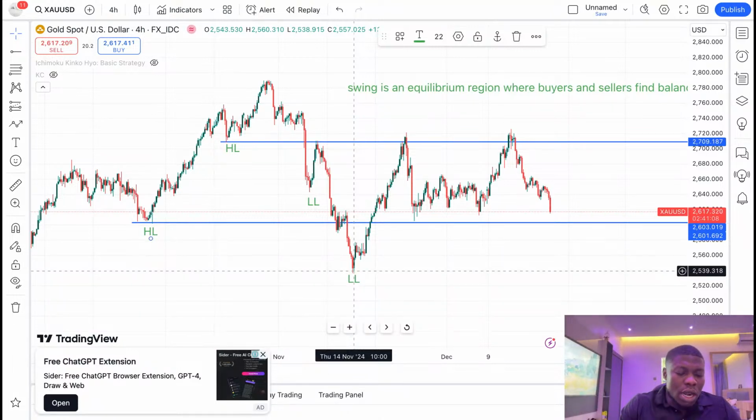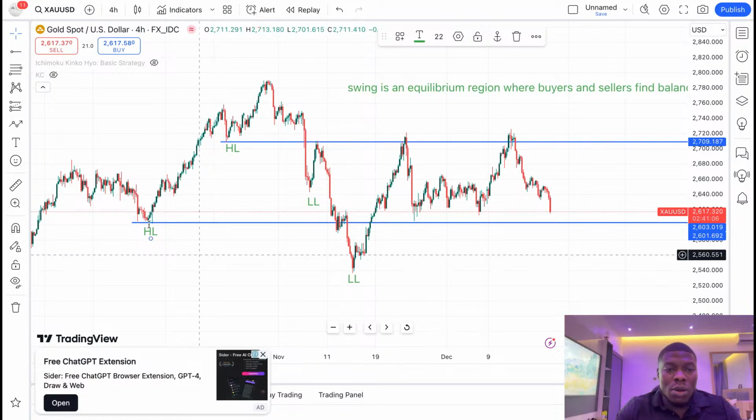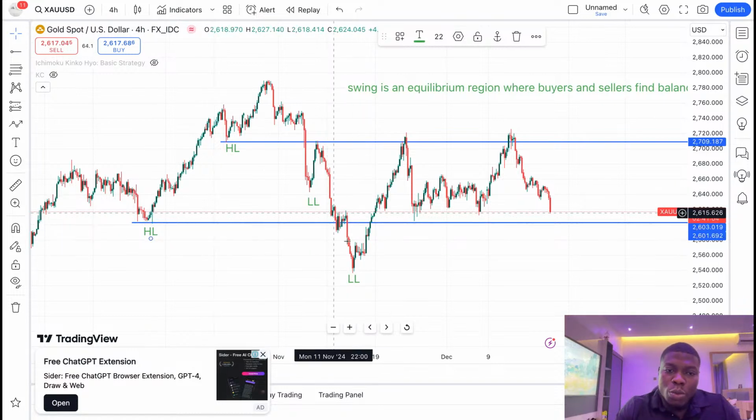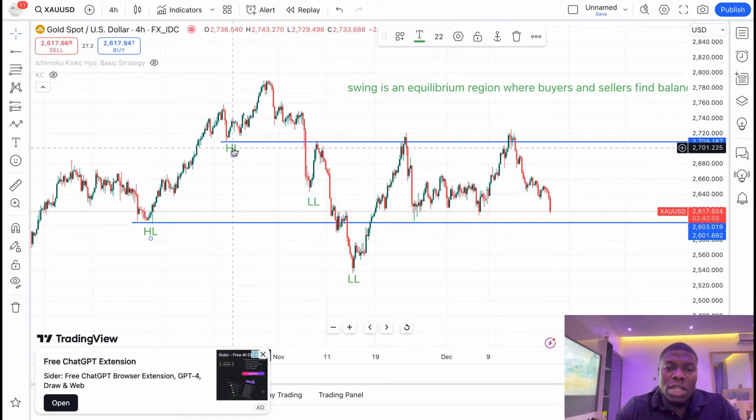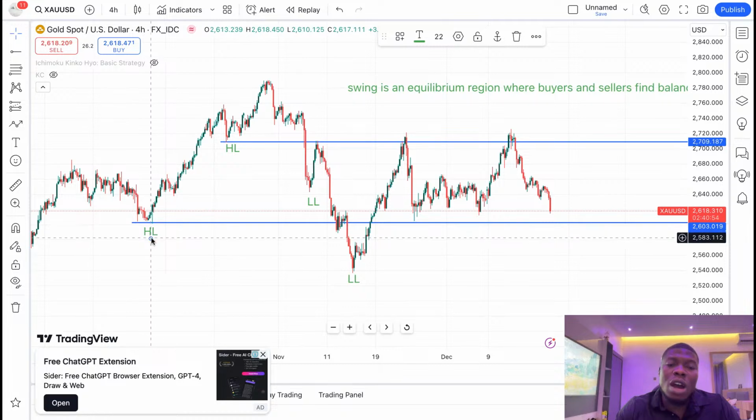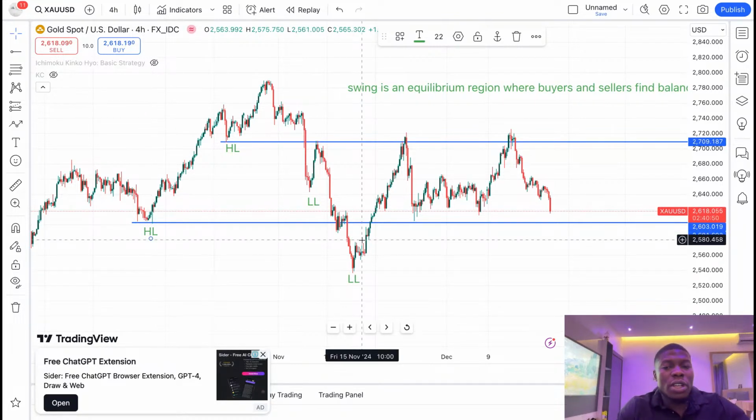So our 4 hours is in a downtrend because we moved past this low. If it's only this low, it's not confirmed yet. But with this low here, it's very, very confirmed that our 4 hours is in a downtrend. So did you see the difference of changing your time frame?